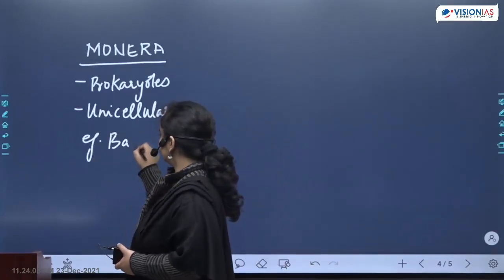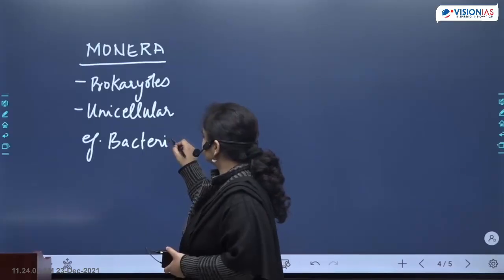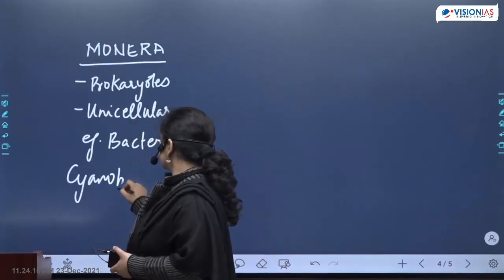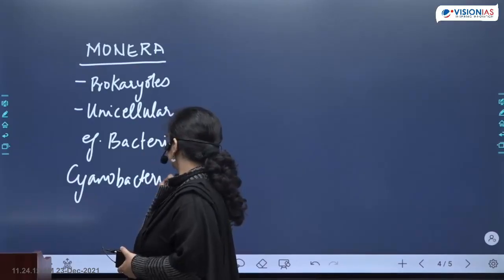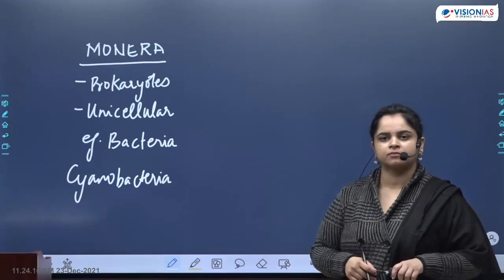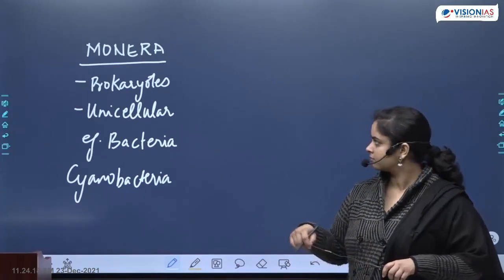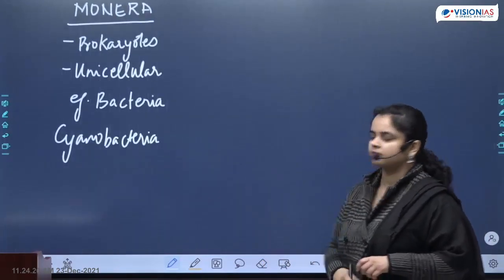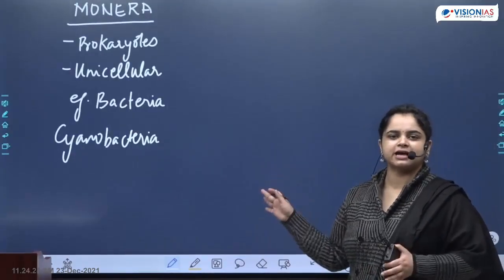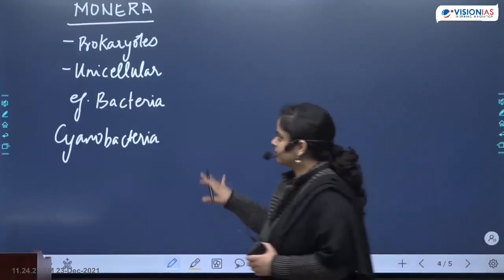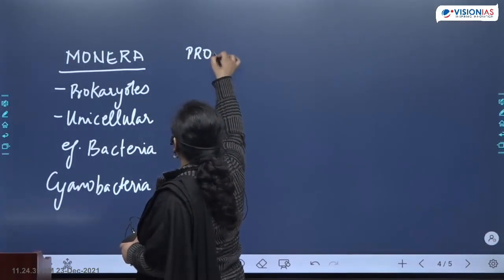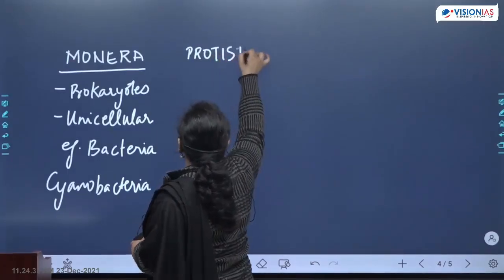Examples also we have written already of prokaryotes. Bacteria and cyanobacteria. This becomes our first category, the first group.